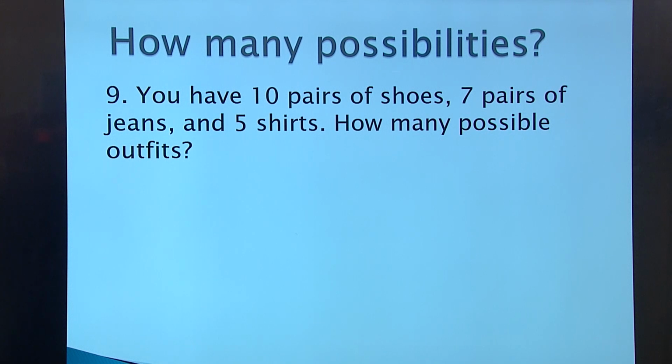And this is mainly for women because they like carrying many clothes, right? When they go for vacations and that. So you have 10 pairs of shoes, 7 pairs of jeans, and 5 pairs of shirts. How many possible outfits can you get from this? So you cannot wear 10 pairs at the same time.